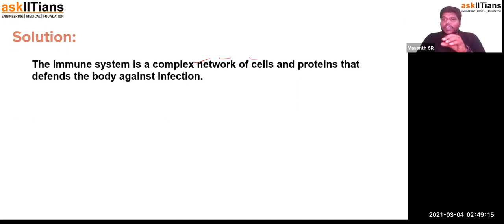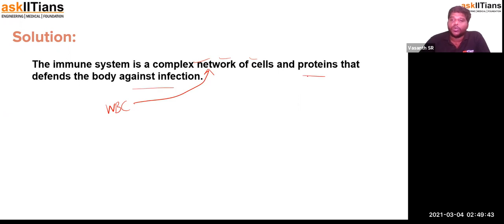We have also studied that blood consists of different types of cells like RBC, WBC, and platelets, and WBC have different types of cells. These different types of cells take care of the defense system in different ways, and that's what makes it complex. So WBC makes the complex network, and the protein that defends the body against infection is the antibody.